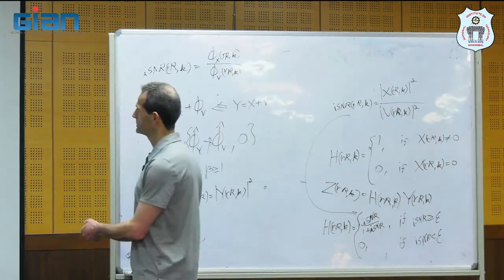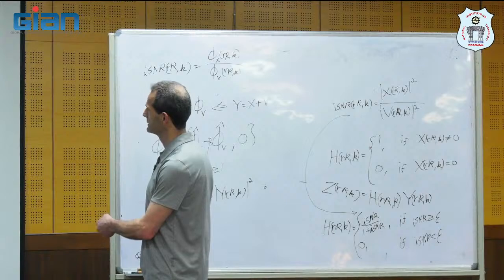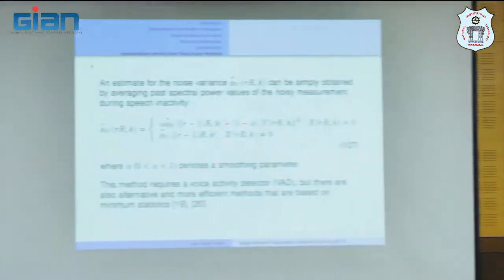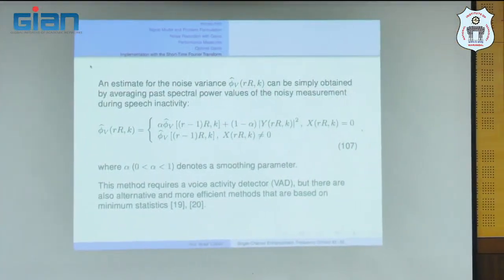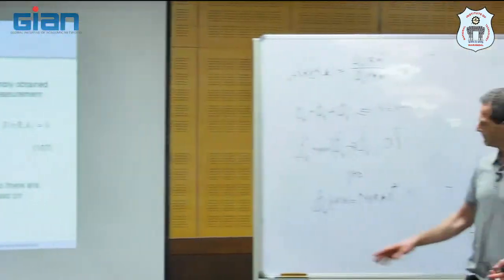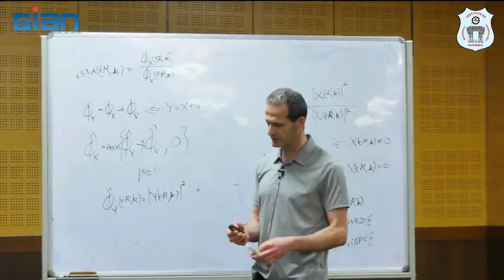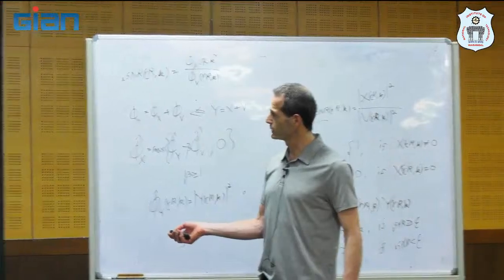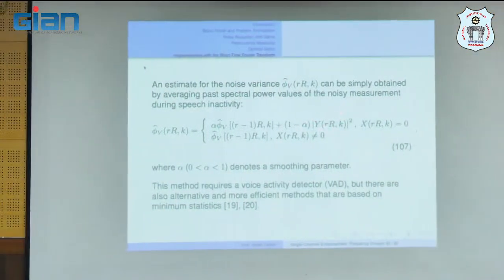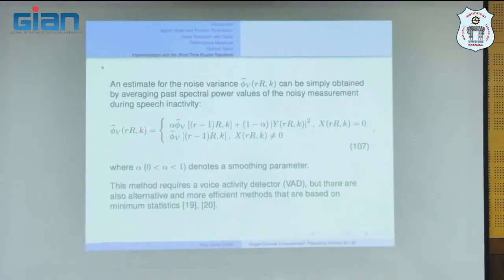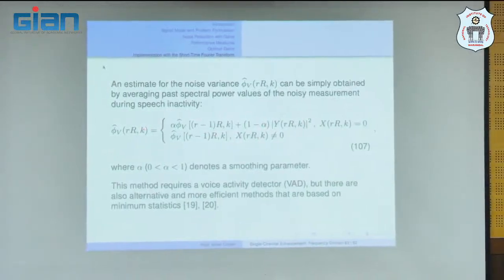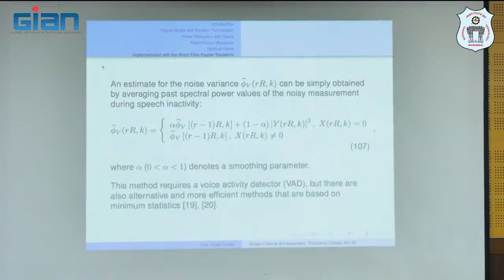So suppose that I know when X is present and when it's not present. Voice activity detector is not easy, but there are some algorithms for voice activity detection. I can recursively estimate, average the noisy samples during inactivity of speech, and during activity of speech, I don't do any recursive averaging.